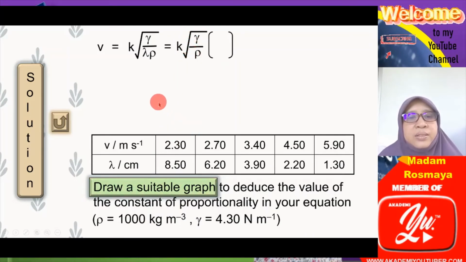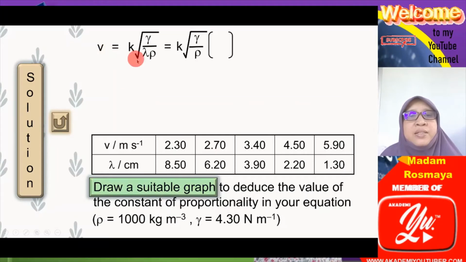So the variables are v, 5 sets of values of v, and the wavelength, also 5 sets with the corresponding values from v. So v changes with wavelength.